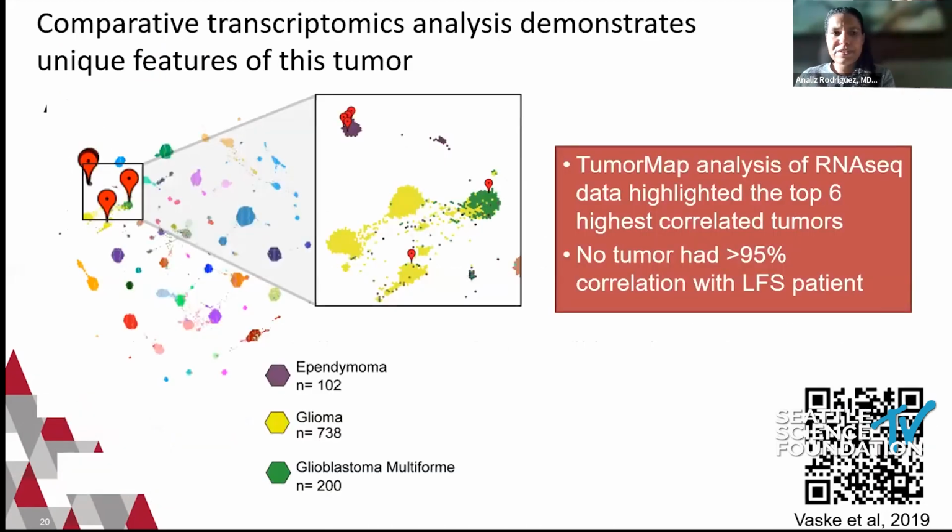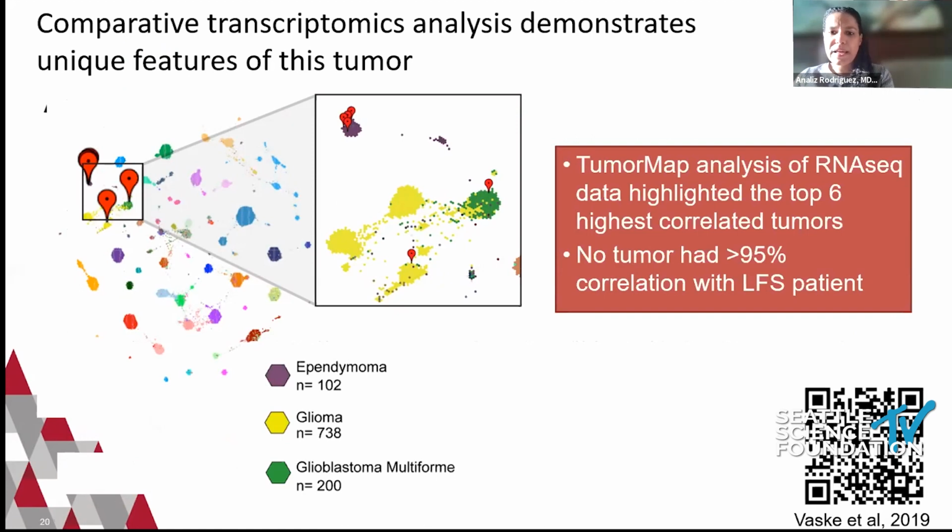One thing that we did is we looked at the RNA of this patient, and this is a tumor map, similar to a Google map, where each dot represents a cancer. If they cluster together, that means they're more similar. So his tumor was quite unique. You can see that his tumor had features consistent with ependymoma as well as low-grade glioma and GBM.